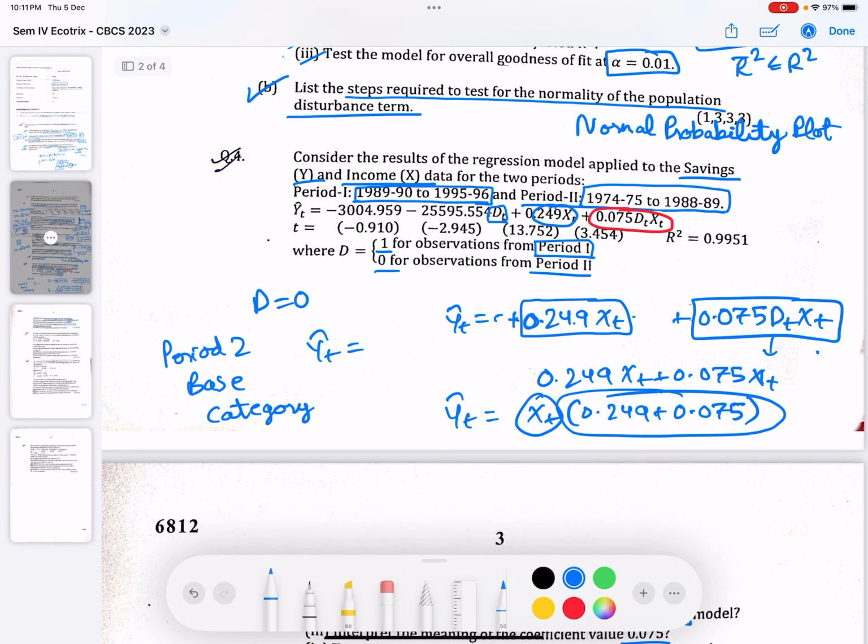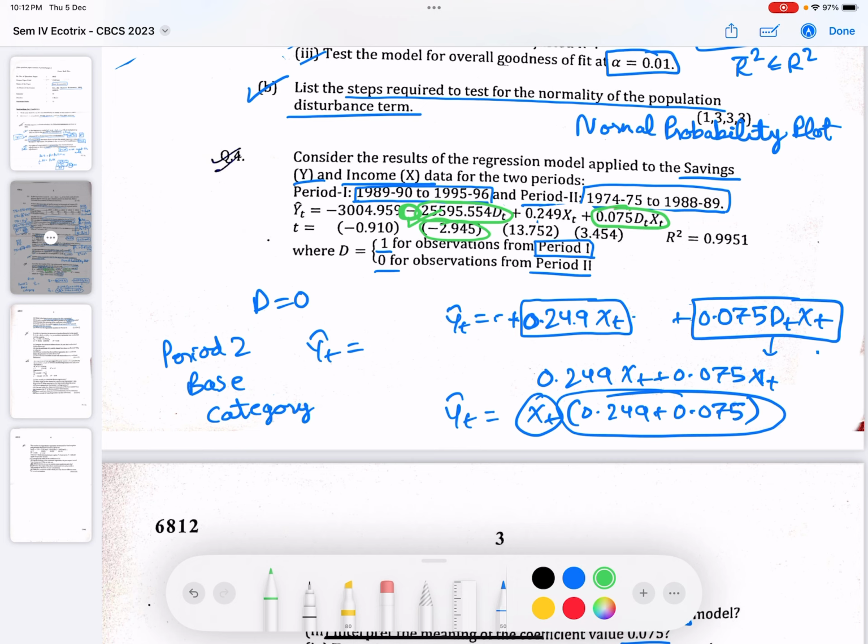Okay, now you need to test whether the model suggests the presence of structural change in the two periods. Structural change can be observed when these variables are significant. If this variable is significant, having a t-value of minus 2.945, which is significant, this states that there is a significant difference in the intercept in both the periods.